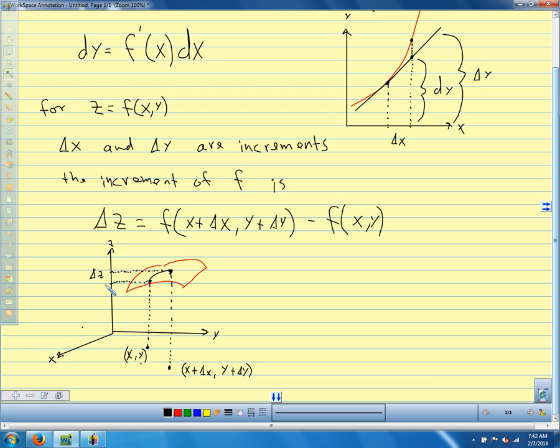We're going to define the differential of the function to be the change in the height of the tangent plane. Just like we talked about the differential here being the change in the height of the tangent line, we're going to define the differential to be the change in the height of the tangent plane. We're going to use that as an approximation.